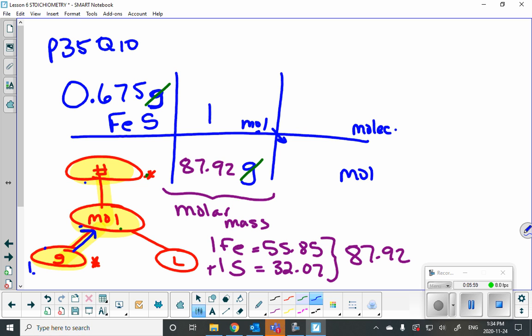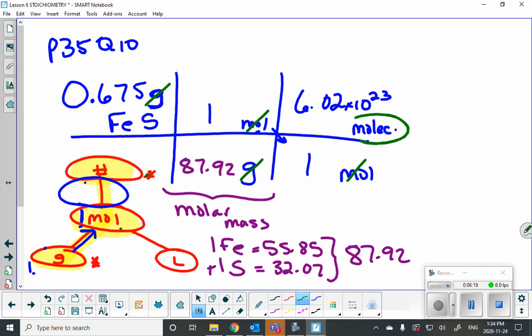Again, always the number beside the word moles is 1, because this is always 1 mole equals. And what is that magic number that connects moles to the number of particles? Yeah, 6.02 times 10 to the 23rd is correct. So moles will be gone. Now the units I have are molecules, and that's actually what I wanted.